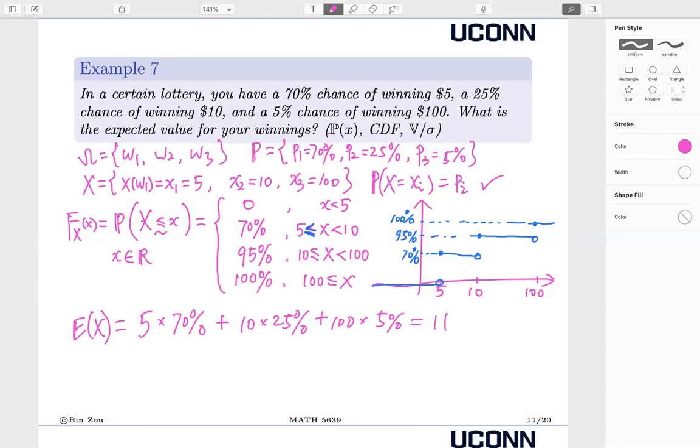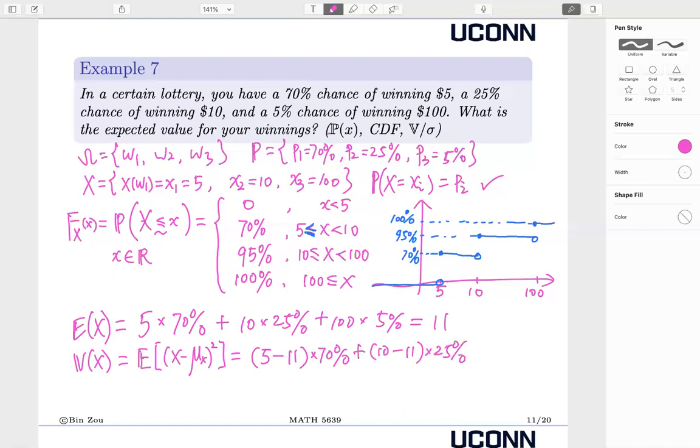You can try this. This is defined as x minus the mean, which means I'm going to do 5 minus the mean, which is 11, times the probability of 5, plus 10 minus 11 times the probability of 10, then finally 100 minus 11 times the probability of 100. Okay, this is one way.